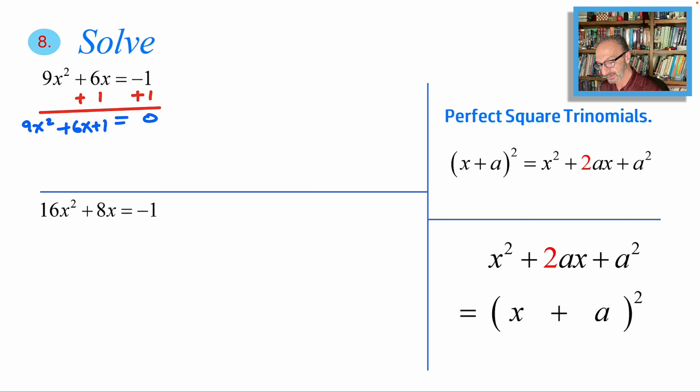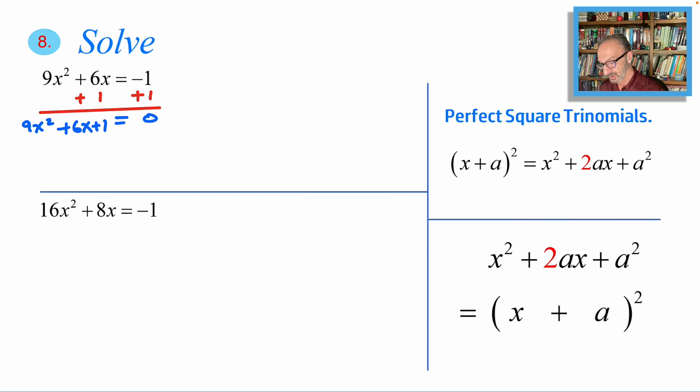We don't add 6x and 1 together. Sometimes I see students add them and make it 7x or 7. They are not alike to be added, so you just need to make some room and add the 1 next to the 6x.